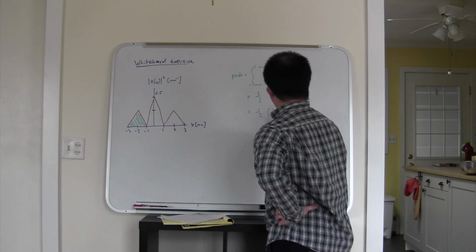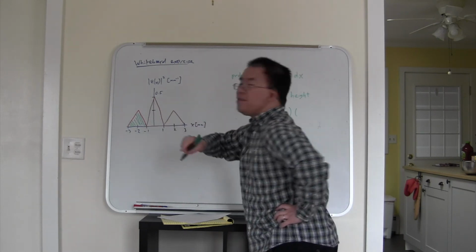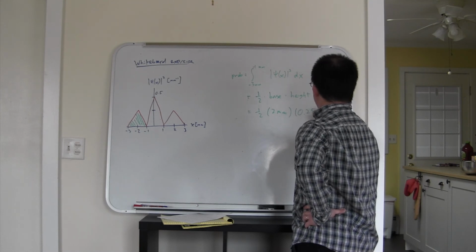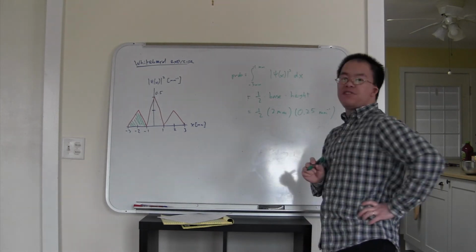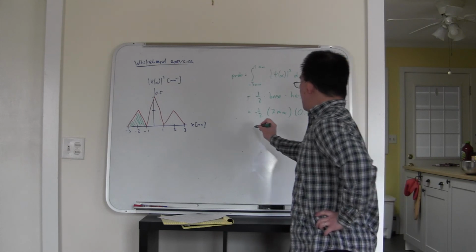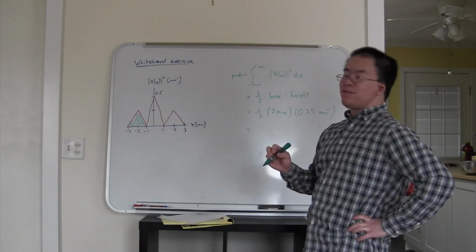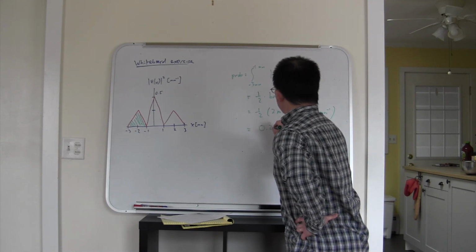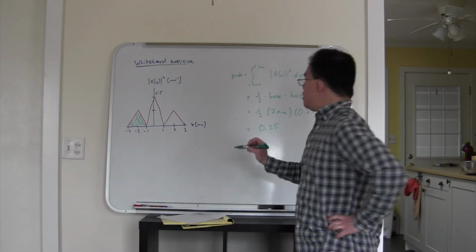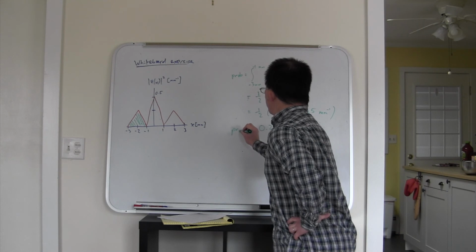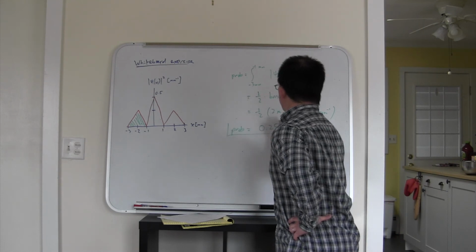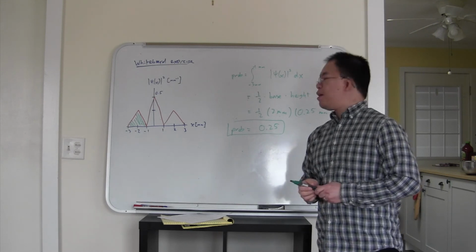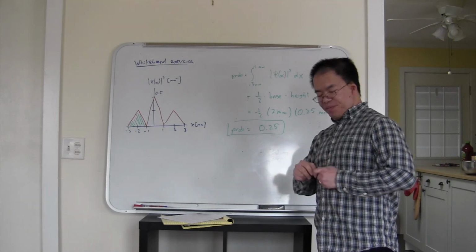And the height of my triangle is one of these ticks, which is 0.25 inverse millimeters. And so if I do the arithmetic, this probability is 1/4 or 0.25 for finding the particle between -1 and -3 millimeters.